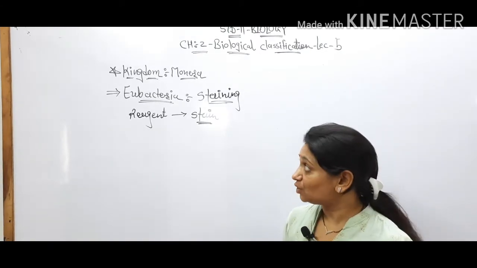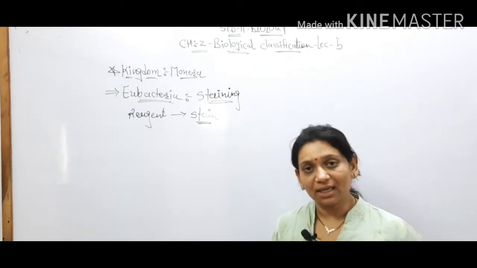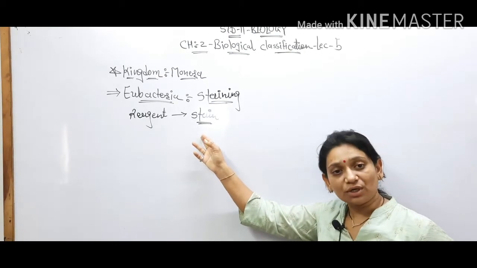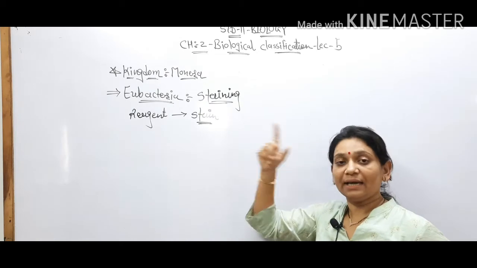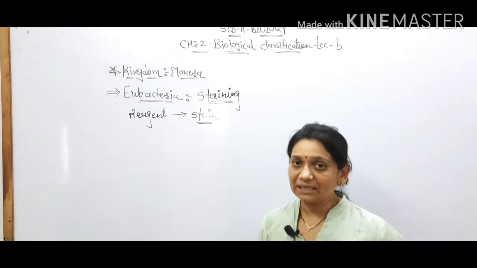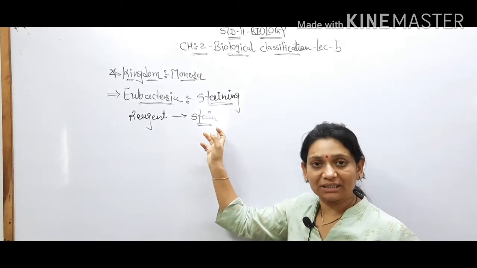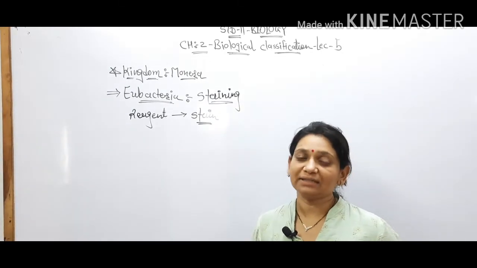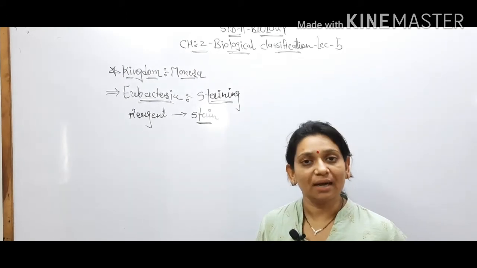While some eubacteria did not absorb this gram stain and did not change their color, and they are known as the gram negative. Now the stain that was developed first was by the scientist Gram and because of that it is known as the gram stain.